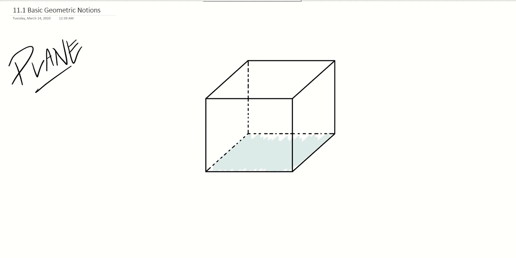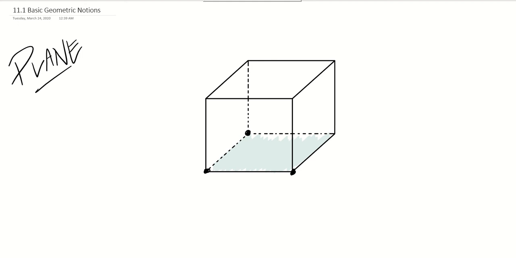I've got a box to try and help us out. So I have highlighted one side of this figure, and this figure can be determined, so if I pick 3 of these points, they will always be on one plane together.